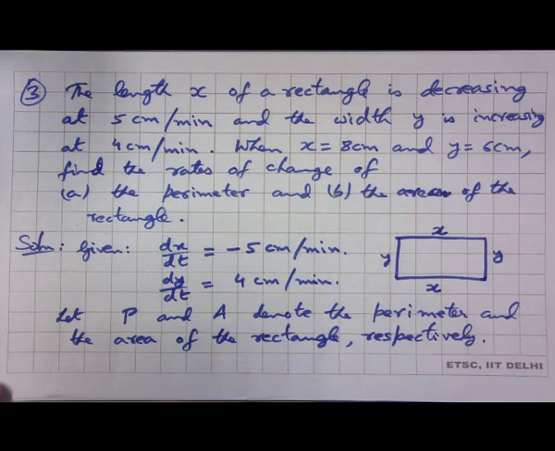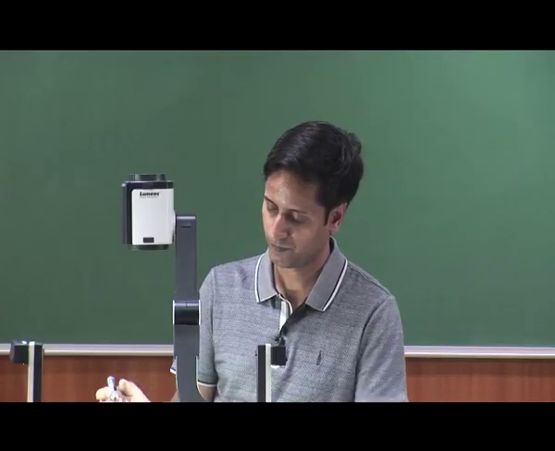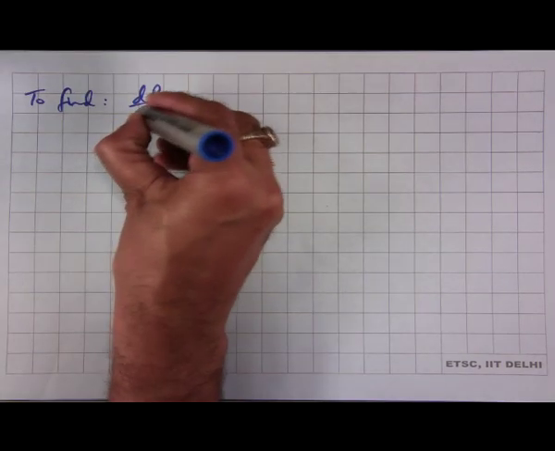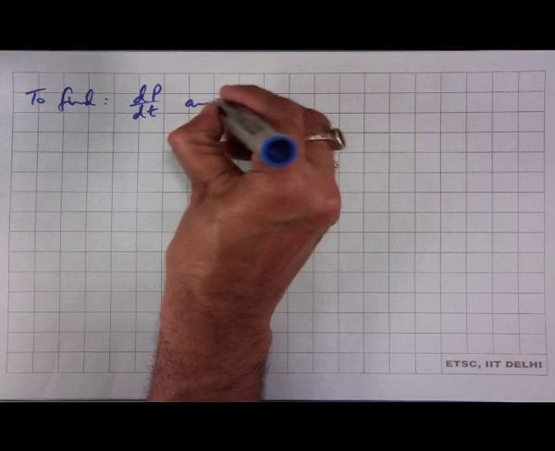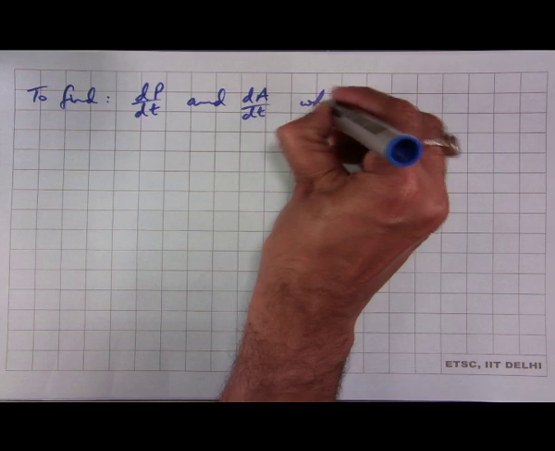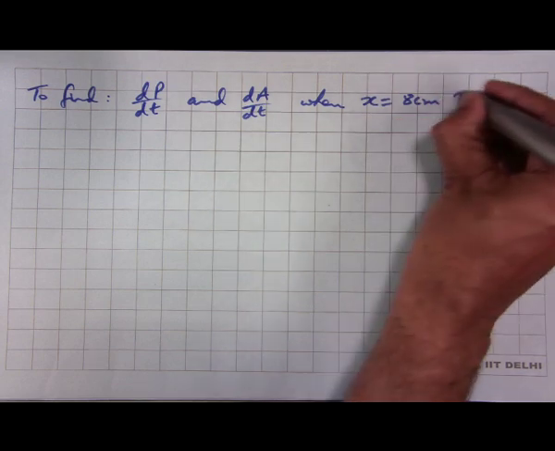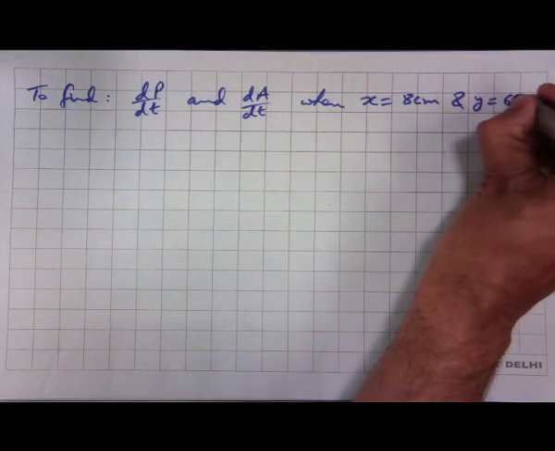So, what we have to calculate is dP/dt and dA/dt when x is equal to 8 centimeter and y is equal to 6 centimeter.